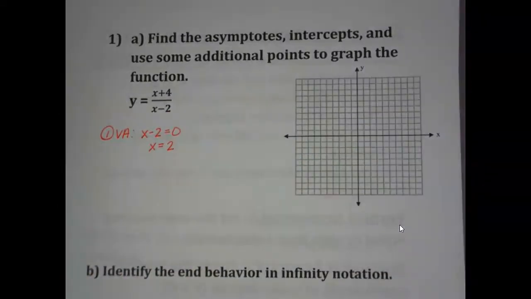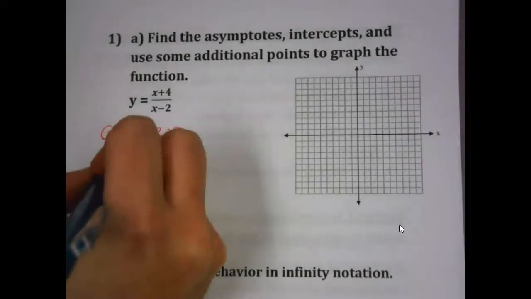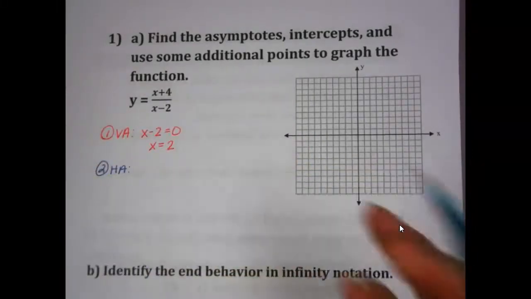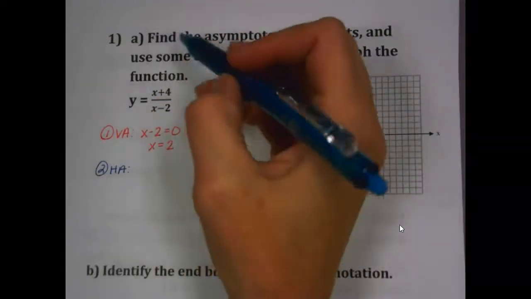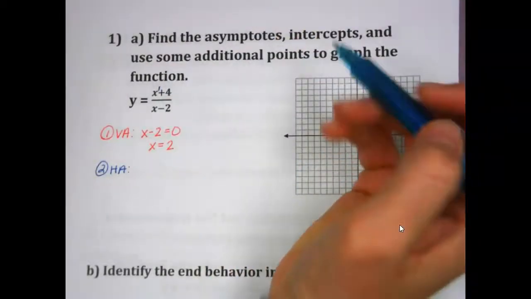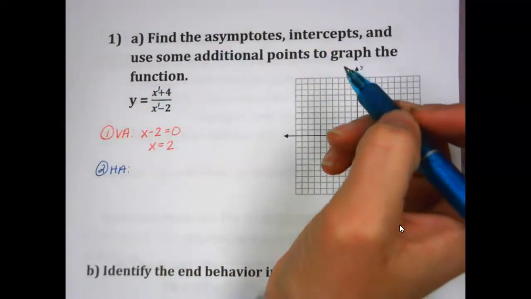Okay, next up, we need to find the horizontal asymptote. And the horizontal asymptote we find by dividing the leading coefficients of the same degree. So what that means is we have x to the first right here on top, and then we have a corresponding x to the first on the bottom.